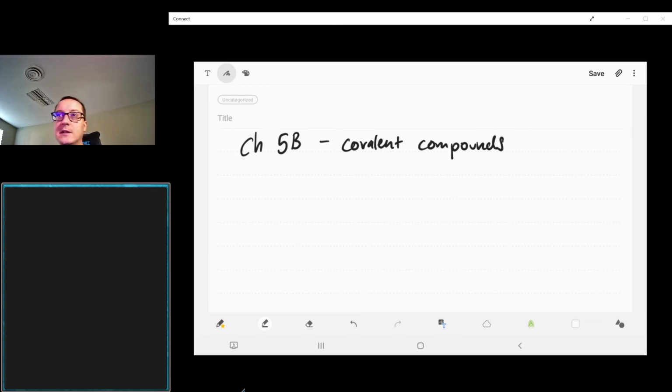All right, so today we are going to start looking at covalent compounds. Ionic compounds we've looked at in that their bonding is pretty simple. You have a positive thing and a negative thing that are attracted to each other, and they're able to form a bond together.